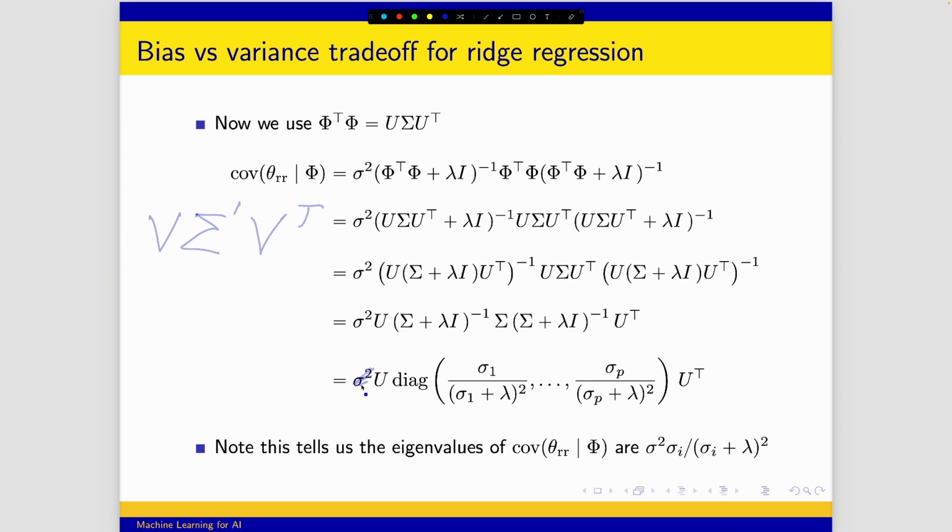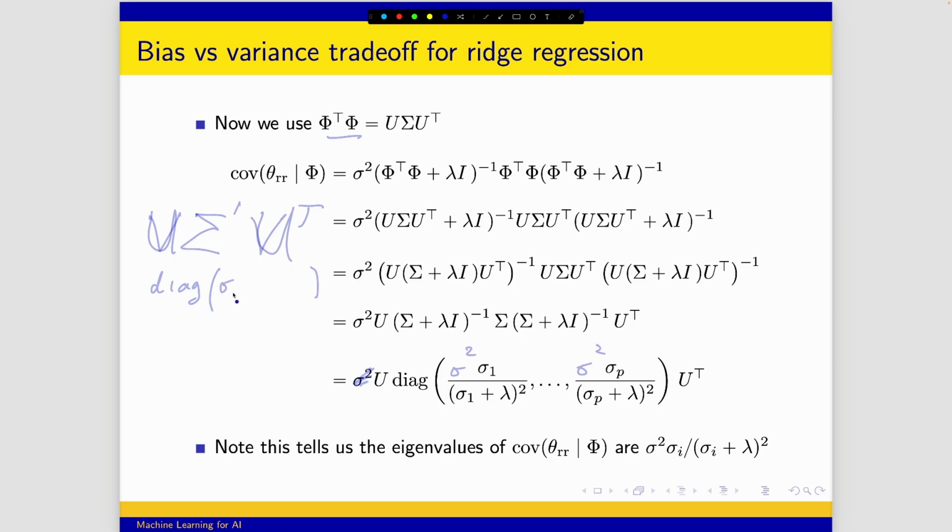Let me take sigma squared inside. Let's compare this to this. U and V must be the same, so the eigenvectors of this are exactly the eigenvectors of phi transpose phi. So this is actually U; it turns out to be the same matrix. But what's sigma prime? This has to be a diagonal matrix. In an eigen decomposition, this will be the matrix of the eigenvalues of this.